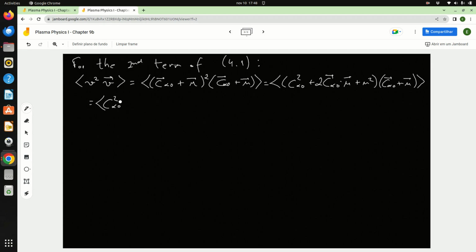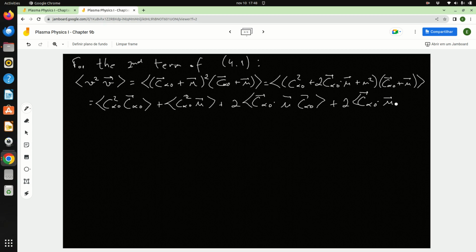It's C alpha 0 square, C alpha 0, plus C alpha 0 square U, plus 2 C alpha 0 dot U, C alpha 0, plus 2 C alpha 0 dot U, U, plus U square C alpha 0 plus U square U.